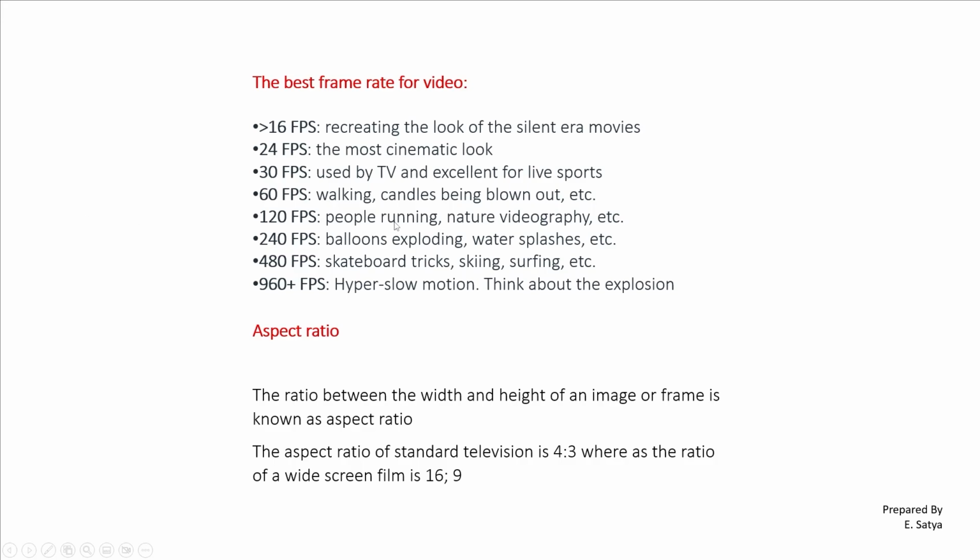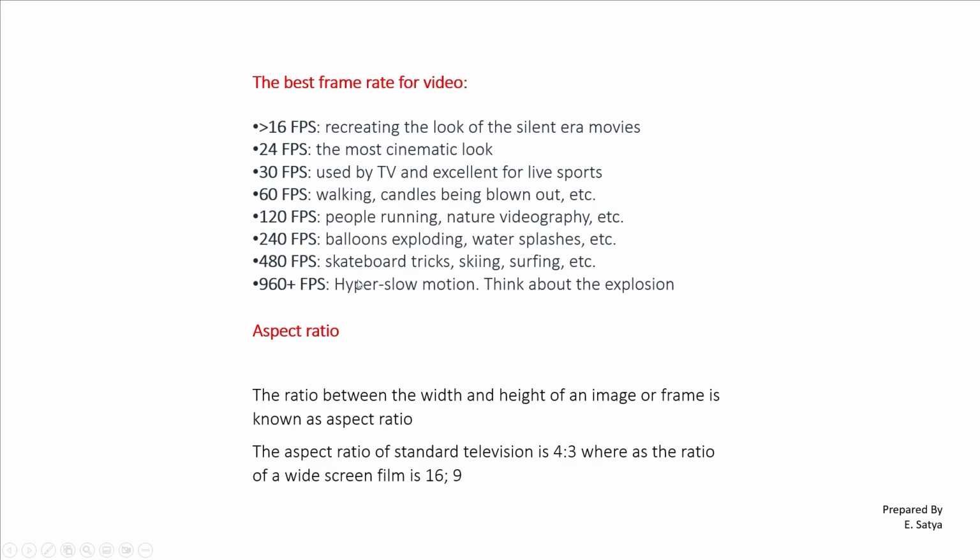To capture very fast running and animals, cameramen on Animal Planet and Discovery Channel use 120 FPS to shoot animal actions. 240 FPS is for balloons exploding and water splashes, very rapid, quick actions, to record those kinds of special effects.